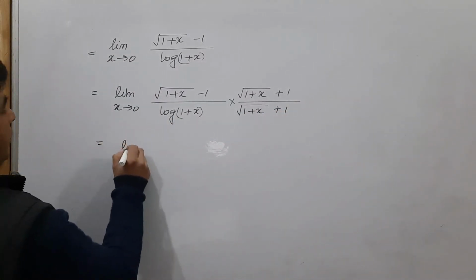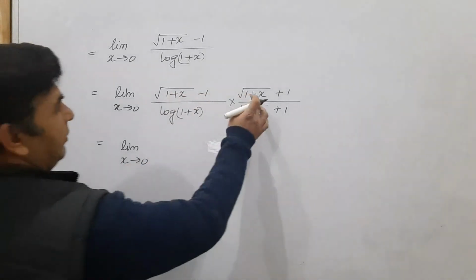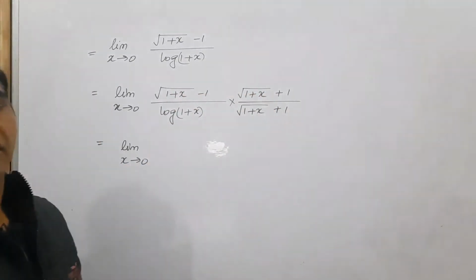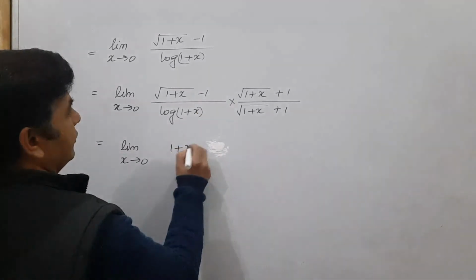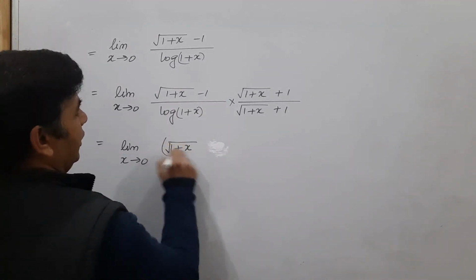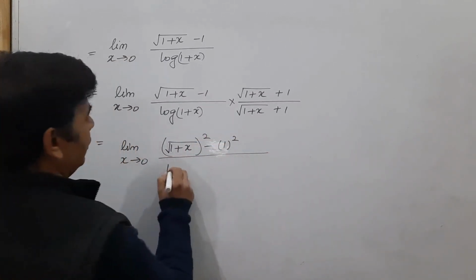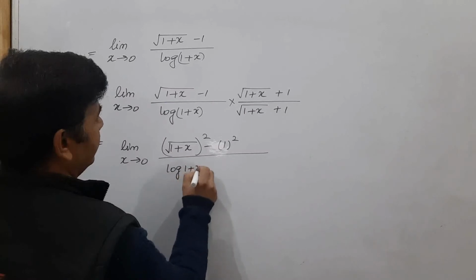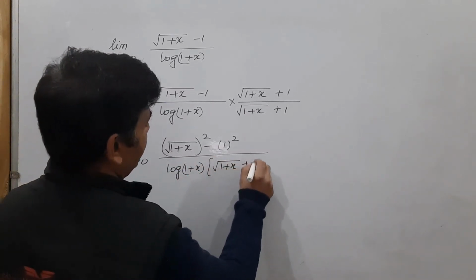This is a minus b multiplied by a plus b, which is given by a square minus b square. So this is the square root of 1 plus x squared minus 1 squared, divided by log of 1 plus x times square root of 1 plus x plus 1.